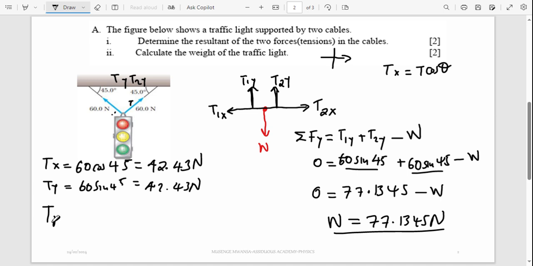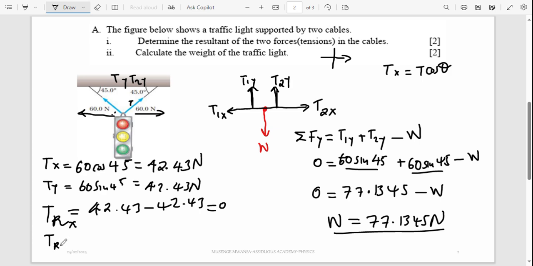So the resultant tension in the x is going to be, let's add the x components. One x component is going in this direction, the other one is going in this direction. So if we take one as positive, the other one is going to be negative because they are going in opposite directions. So it's going to be 42.43 minus 42.43. That is going to be 0.